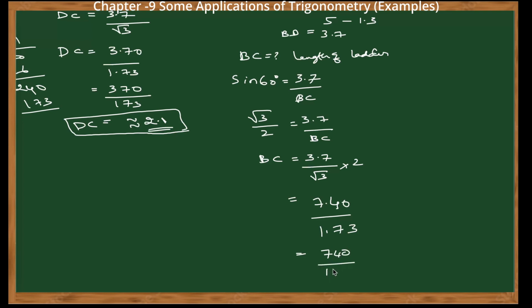740 divided by 173. So we have solved this: 173 into 740, how many times does it go? 4 times is 692. So the remaining is 48, then 0.